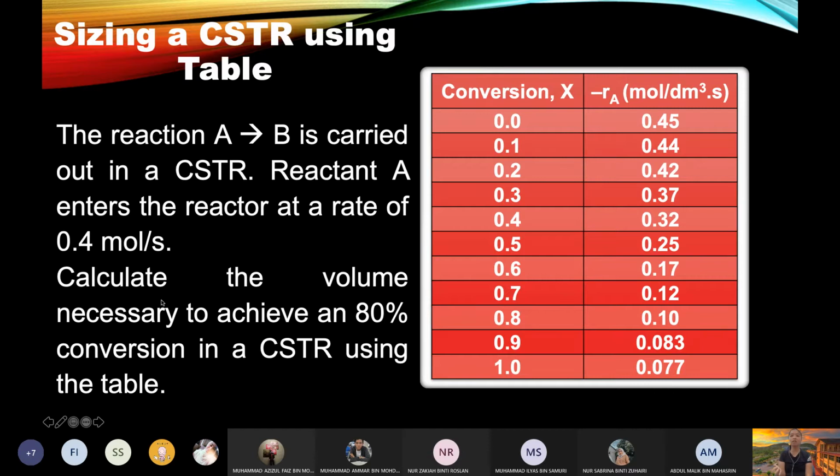So the first information we know is that it enters the reactor at a rate of 0.4 mole per second. I already taught you a little bit, but again you have to understand. When you see a number and want to know what it is, look at the unit. From the unit you know the dimension, and you can guess the symbol. Mole per second, the dimension is mole per time. Something per time must be a rate, right?